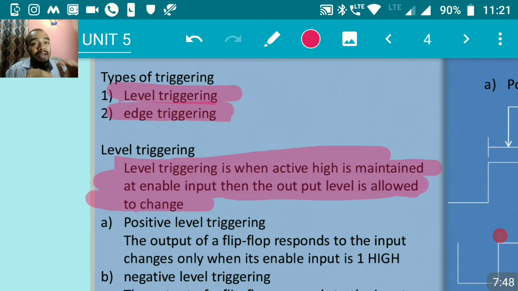This process I am going to call level triggering. If the input at the enable switch is high and your circuit performs, that is called positive level triggering. And if the input at the enable is low and your digital electronic circuit performs, that is called negative level triggering. That is what he says in the definition below.